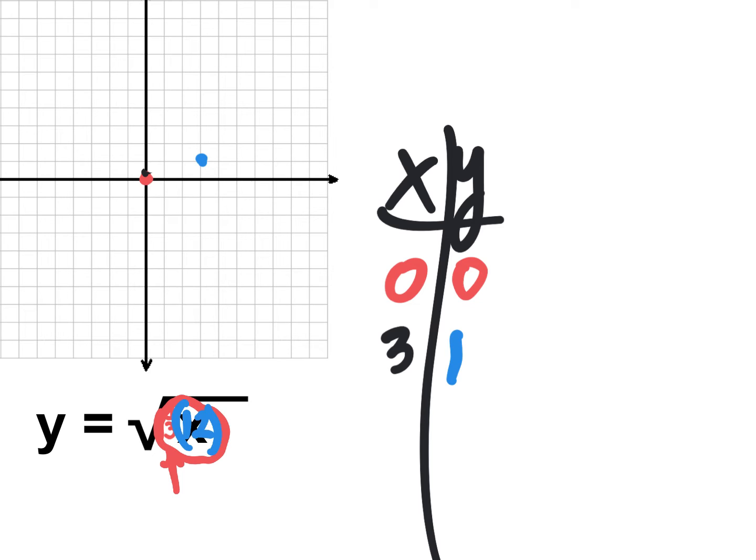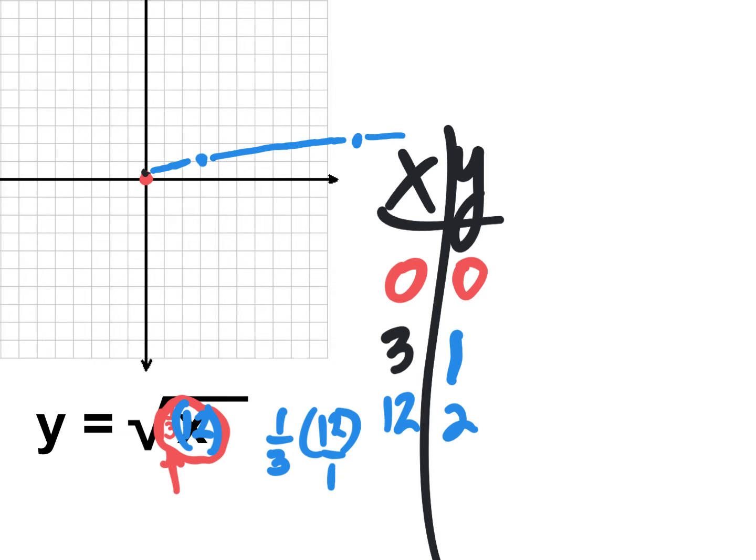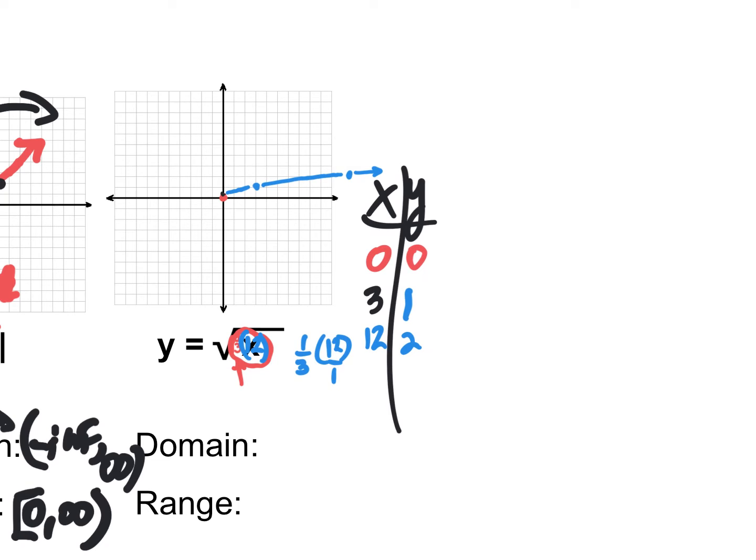It's 12, because 12 divided by 3 would give you 4. See, inside there we have a 1/3, and then we times it by 12. That's like 12 over 3, which is 4. Square root of 4 is 2. So 12 goes with 2. So boy, that was even off my graph, see? So here is my very stretched out square root graph.